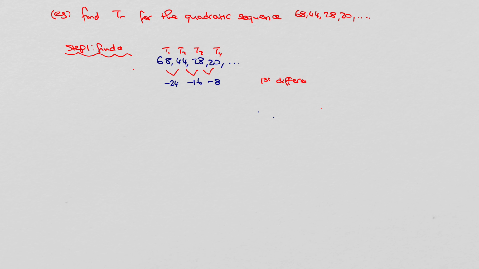So that's our first difference. And again, not linear. And we're told it's quadratic anyway, so we would expect that to be the case. And again, if I get my difference, so I have minus 16, and be careful here, minus 24, which is plus 8, minus 8 minus minus 16 is 8. So just be careful of your signs when you have a decreasing sequence. So here we have a second difference, which is constant.